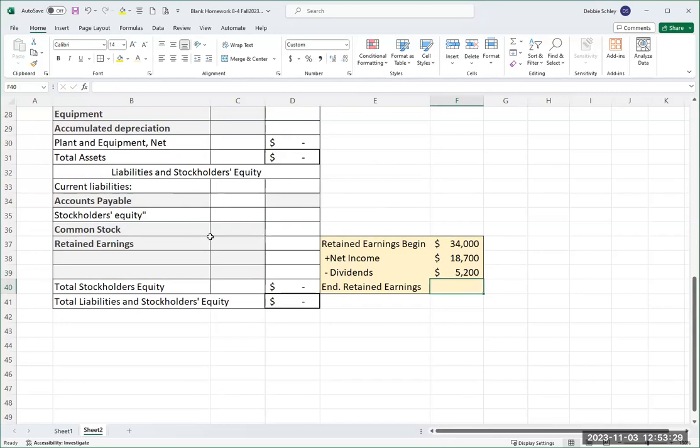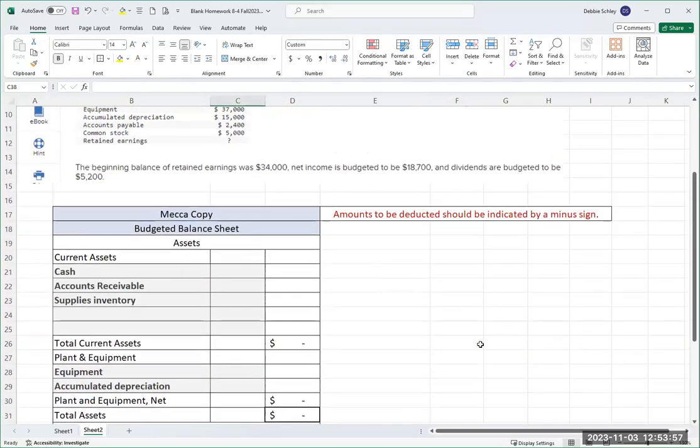The way you figure out ending retained earnings is you take beginning plus net income minus dividends. So I'm going to take beginning plus net income minus dividends. And so my ending retained earnings balance is 47,500. I'm just going to reference that there.